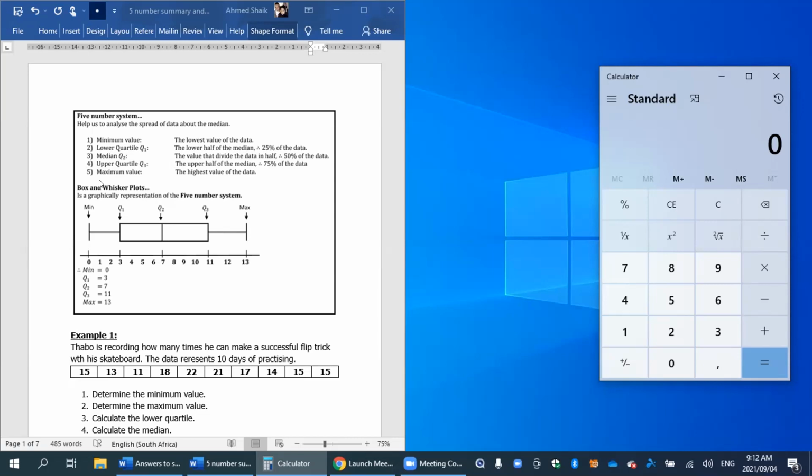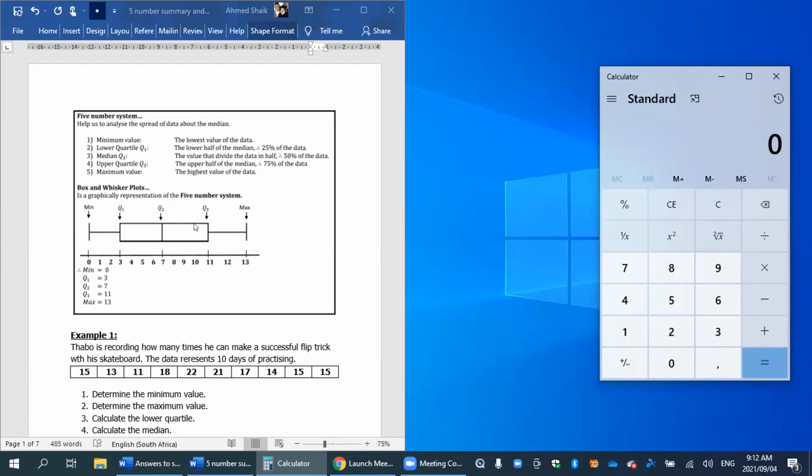The 4th number in the 5-number summary is the upper quartile, Q3. That means it's the upper half of the median, and that represents 75% of the data.